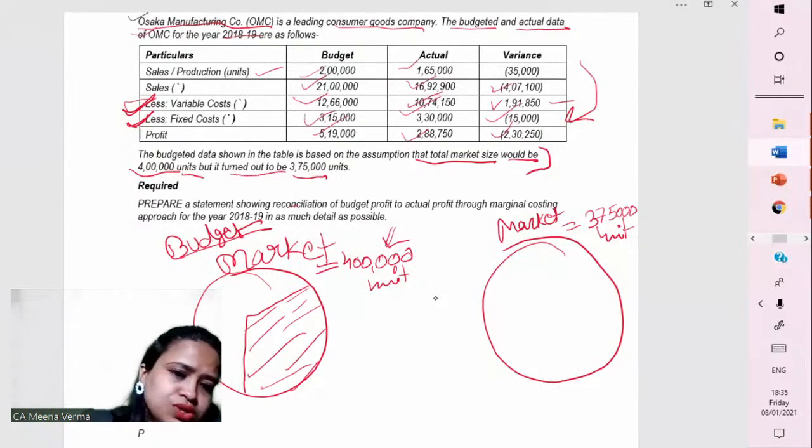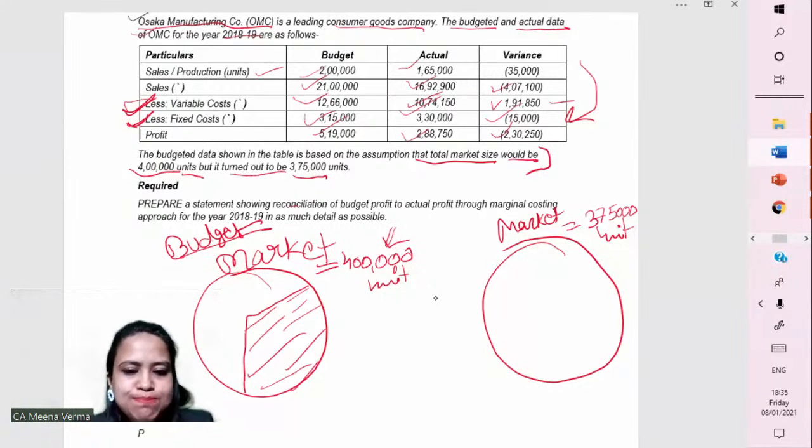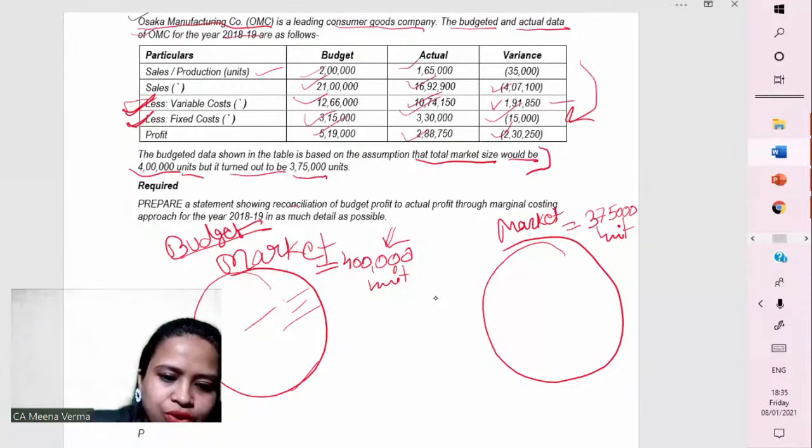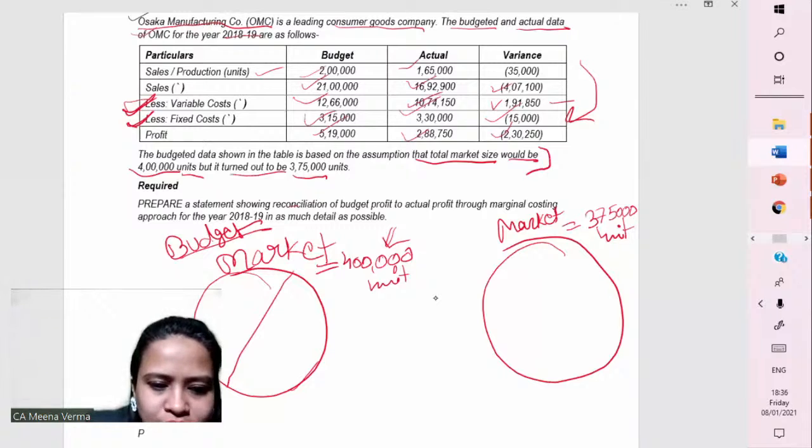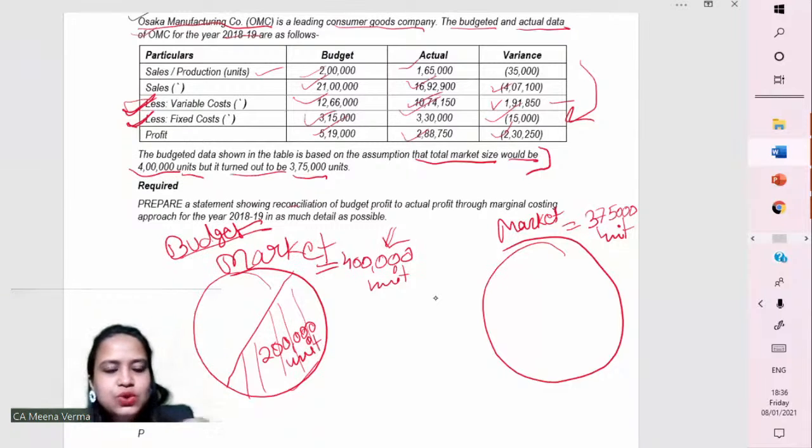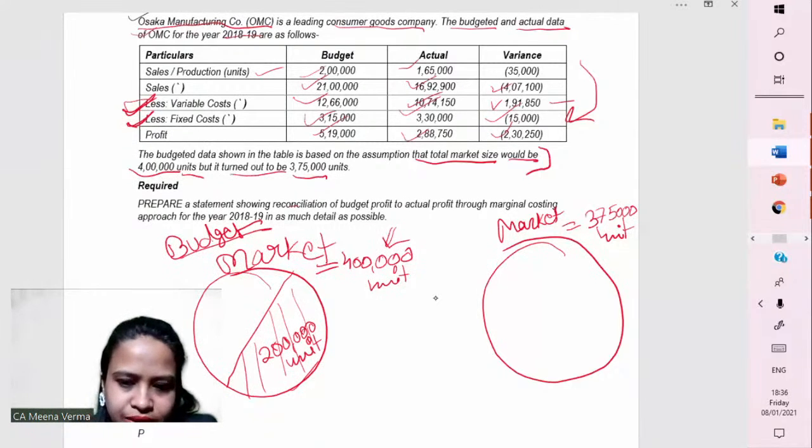But out of those 4 lakh units, how many units can my organization, this Osaka manufacturing company, sell? 2 lakh units. Half of the 4 lakh, right? So 50%. The budget is to capture 50% of the market.